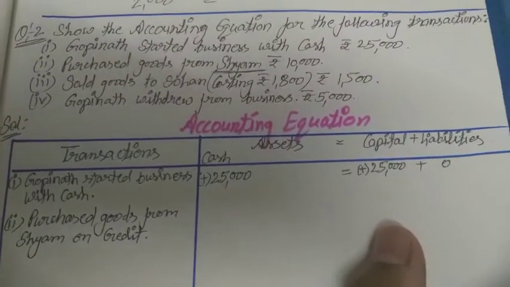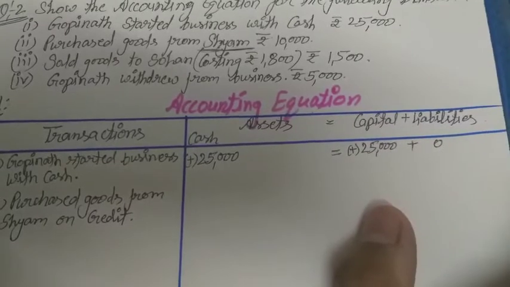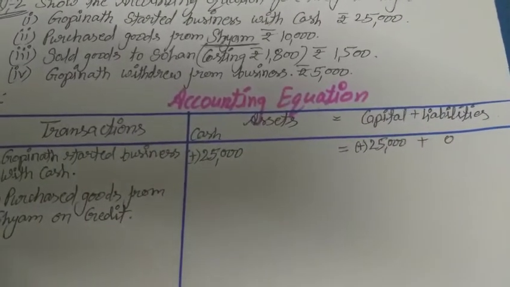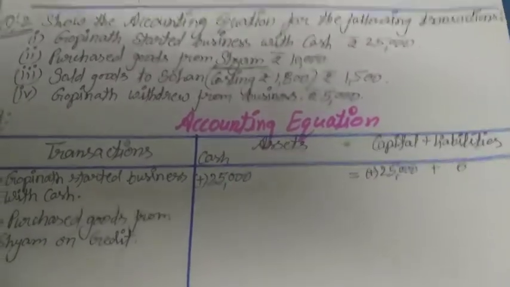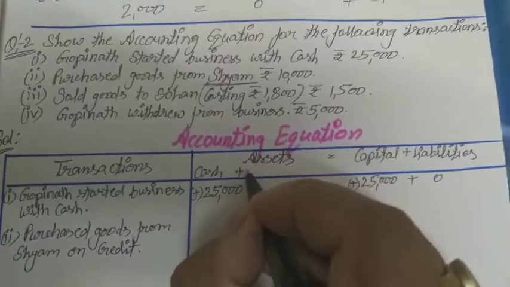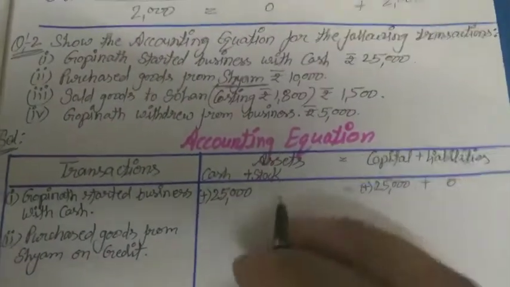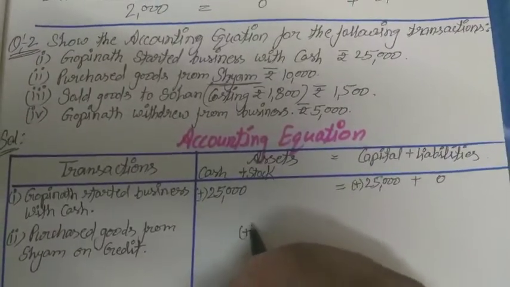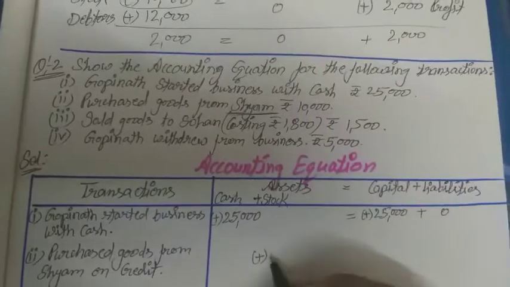If we purchase goods, then goods are coming inside the business, and that will increase the stock, and stock comes under assets. So we will make one more head as stock. Stock is increasing because we are purchasing, so we should add to this. The amount is 10,000.